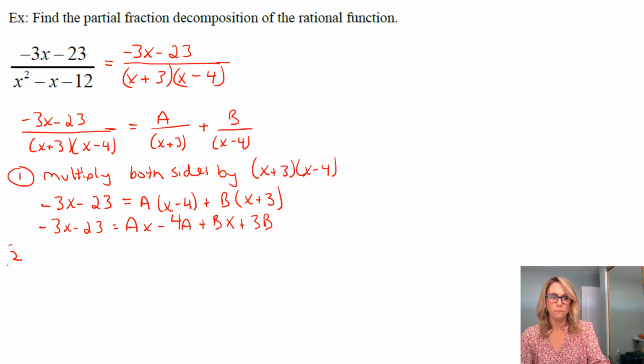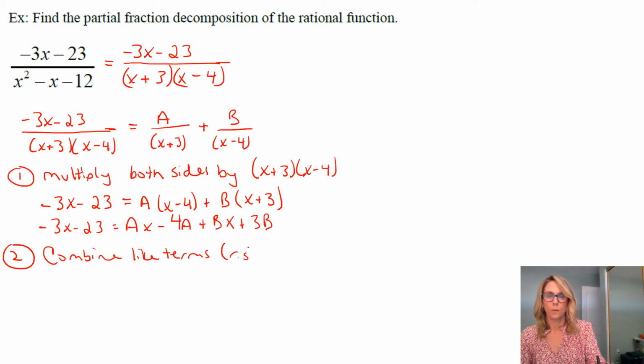Now, second step is key. We are going to combine like terms on the right side. So I have negative 3x minus 23. On the other side, I'll have ax. I'm going to put the bx next to it.